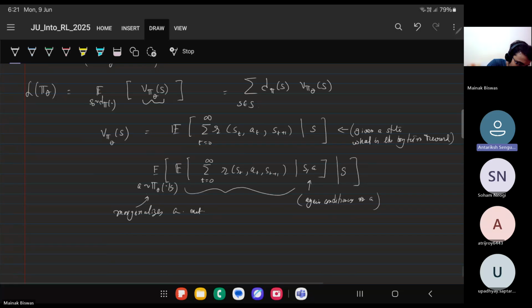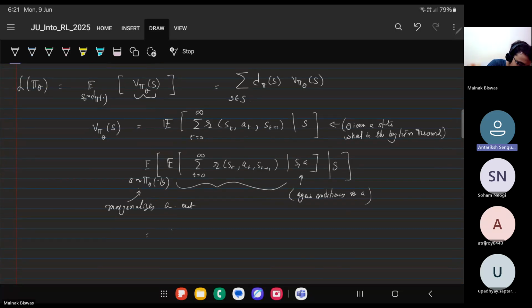If we wrote this in the expectation, summation of mu, d pi of s, pi of a given s, and then q pi of s, using the log trick after deriving Bellman and then differentiating it, in the final expression we would actually observe q pi of a given s times pi of a given s, because that's how we got the log.